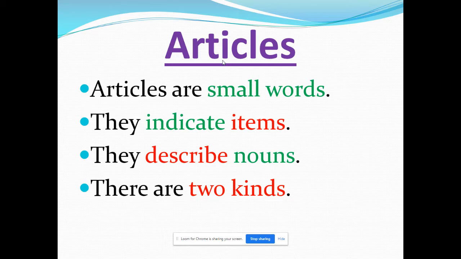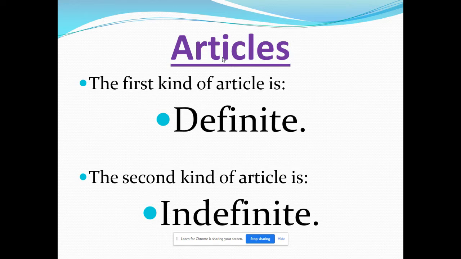There are two kinds. All right. So again, articles are small words. They indicate items. They describe nouns, and there are two kinds. Okay. So the first kind of article is the definite article. Why definite? Definite because it will express something exactly, it will mention or point at something.